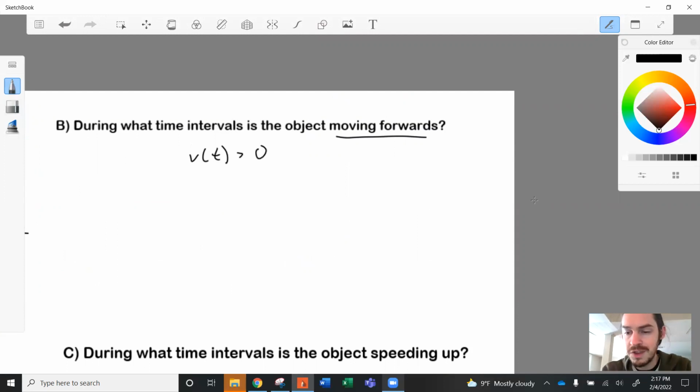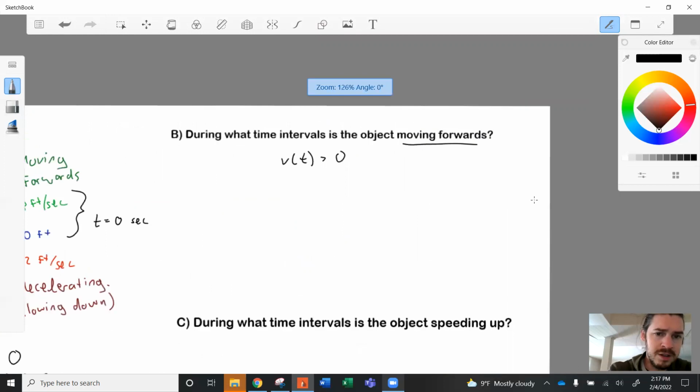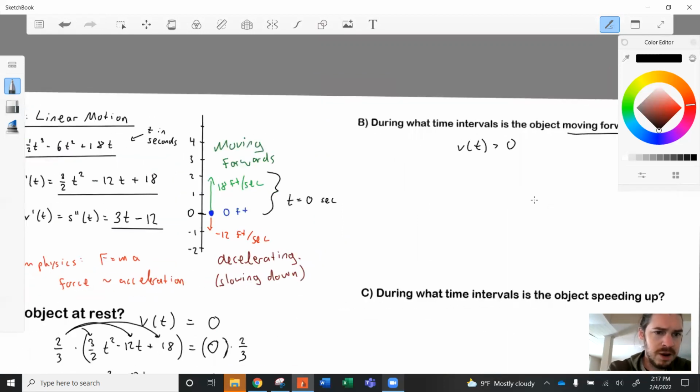So that's an inequality: v of t is greater than 0. Really all I want to do here is take my v function, there it is over here, copy it over, then write greater than 0 and solve that inequality.